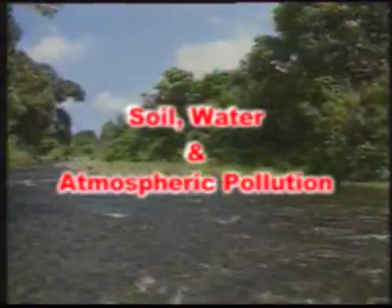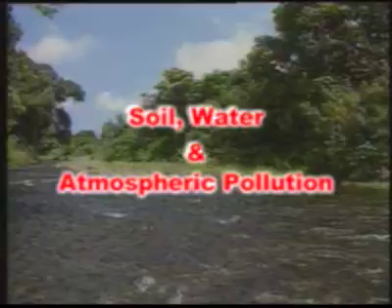Soil, water, and atmospheric pollution. Pollution alters the habitat of plants and animals and plays a very important role in disturbing the biodiversity. When large amounts of sulfur dioxide and nitrogen oxides are released in our atmosphere, then in our outer atmosphere these react with moisture or water, and ultimately sulfuric acid and nitric acid are produced.